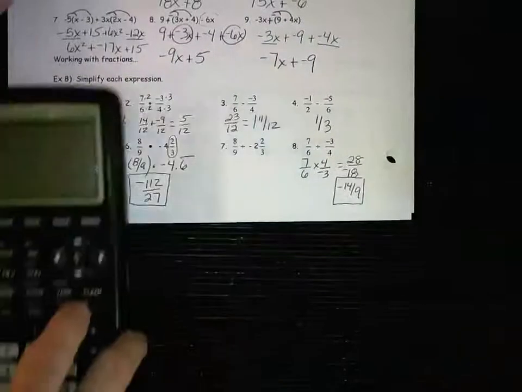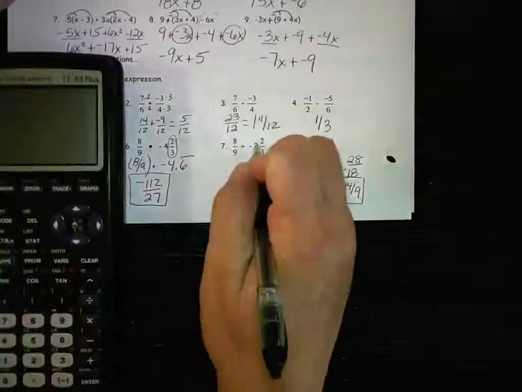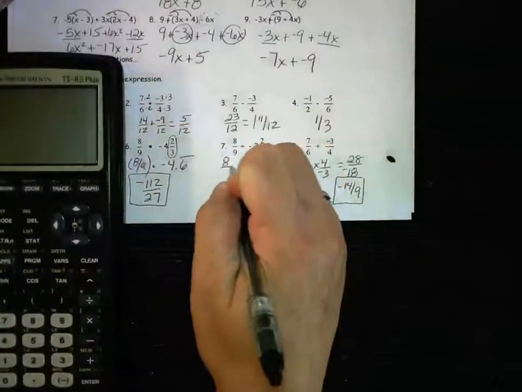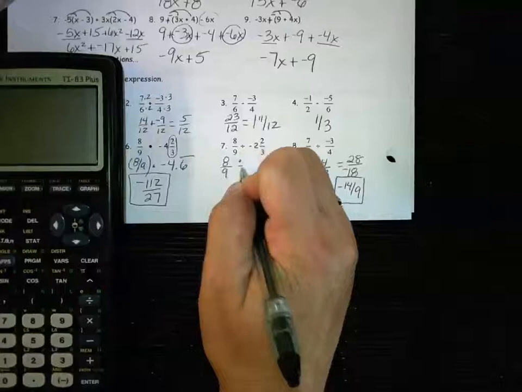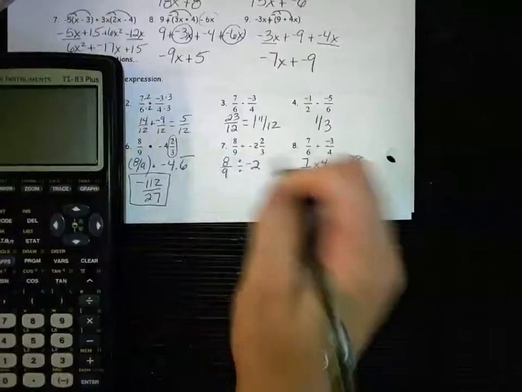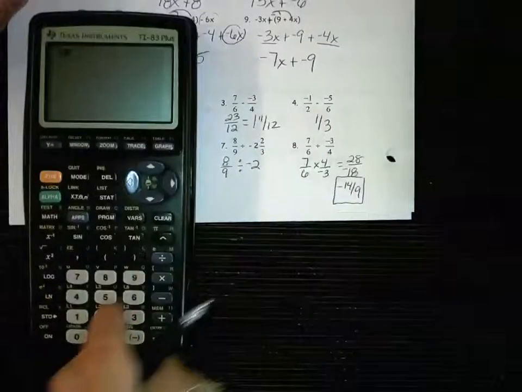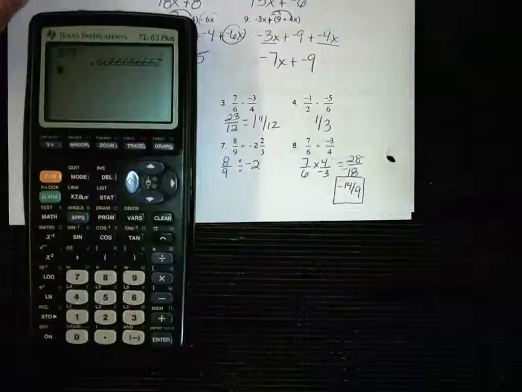Number 7, we've got this mixed number. So I'm going to do the 8/9 divided by -2, and that fraction I'm going to change to 0.6.